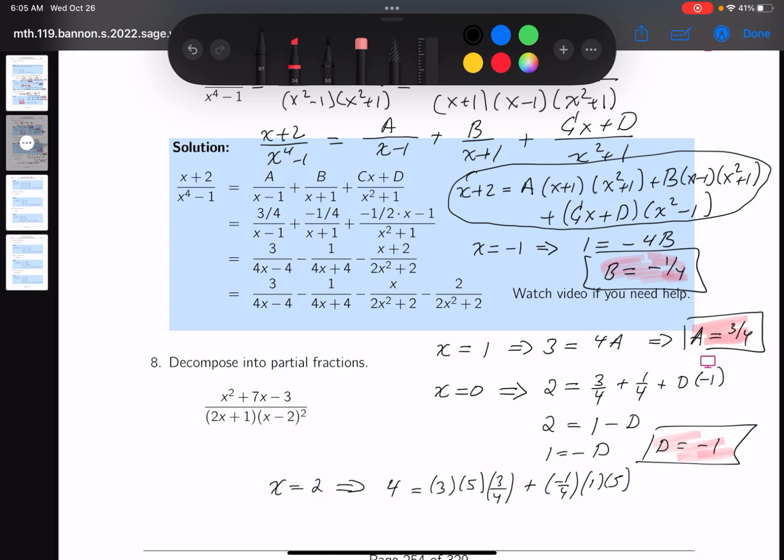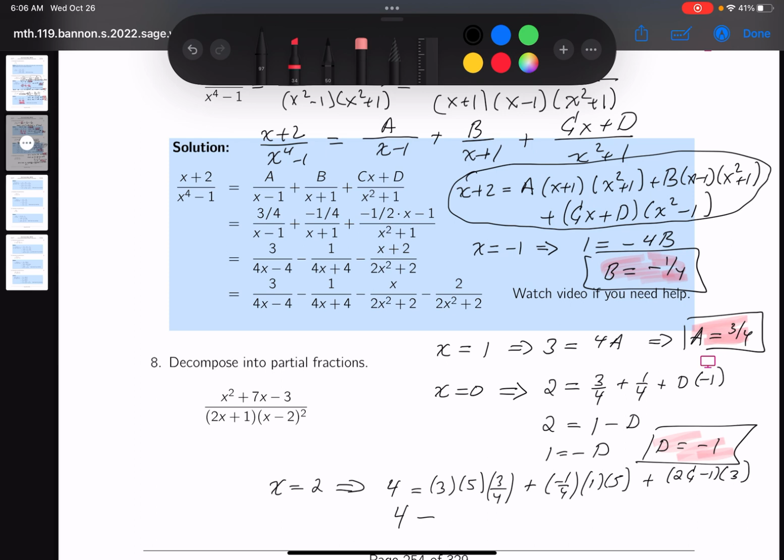Wow, it's going to get really complicated, isn't it? Plus, what do you get there? You're going to get 2C plus D. Well, D was minus 1. And then what do you get over there? Again, we're picking 2, so it's going to be 4, and 4 minus 1 is 3. This is more involved, isn't it?